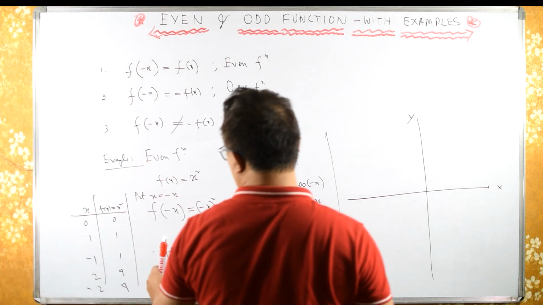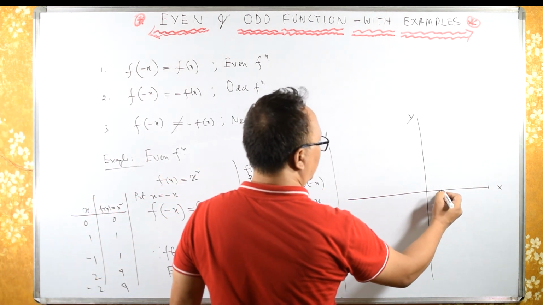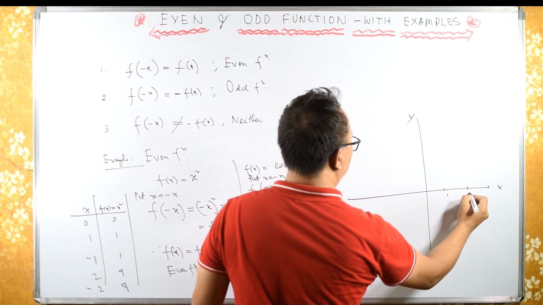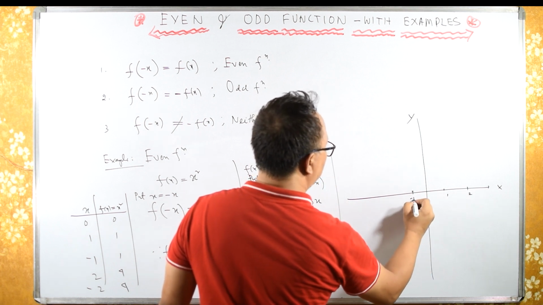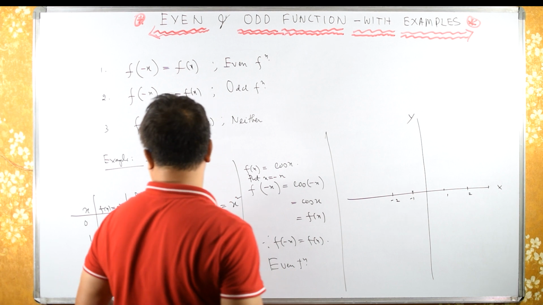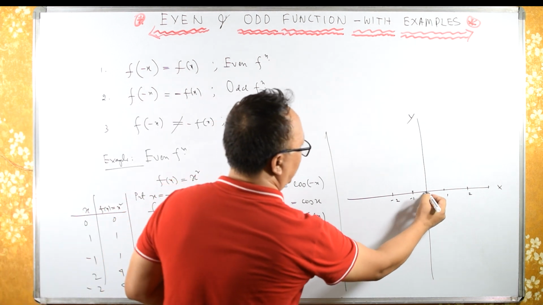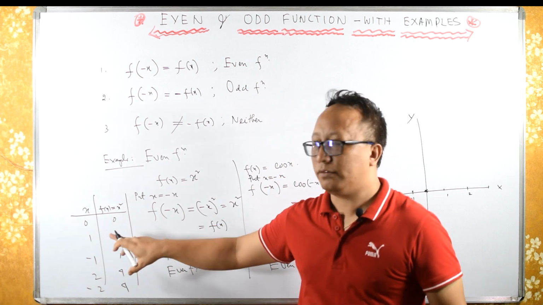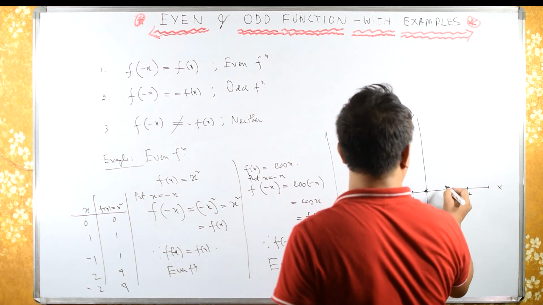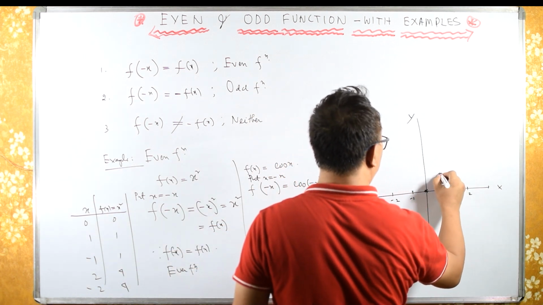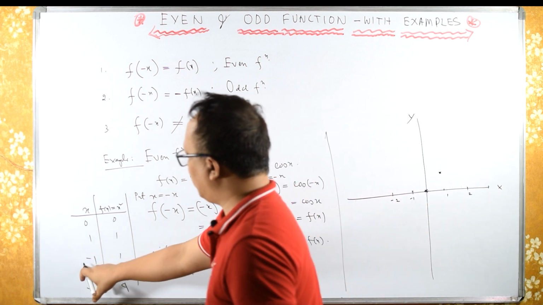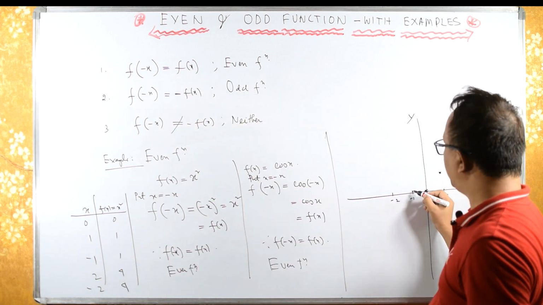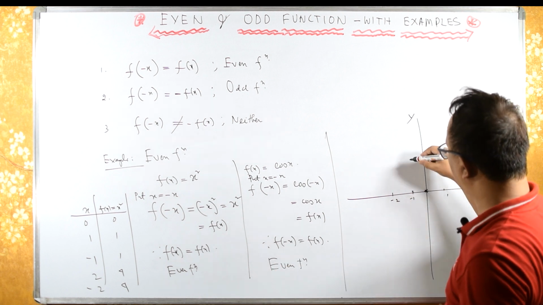Let's draw this graph. Here x is 1, here 2, here minus 1, minus 2, and 0, 0 over here. Now 1, 1 over here. When x is minus 1, y is 1, so it's going up.